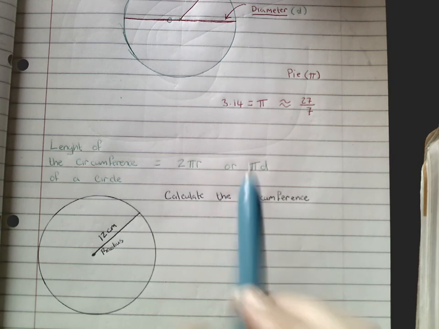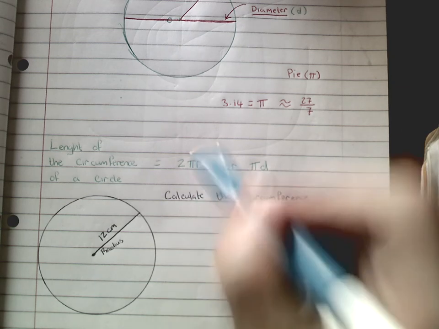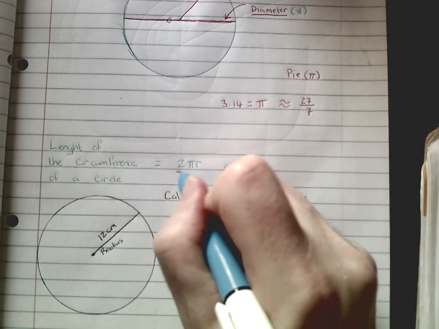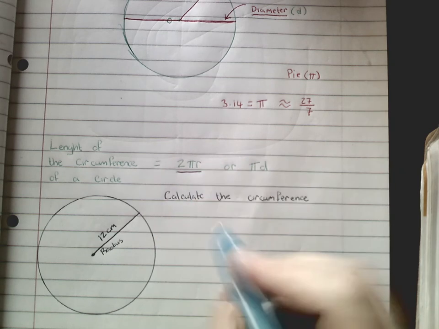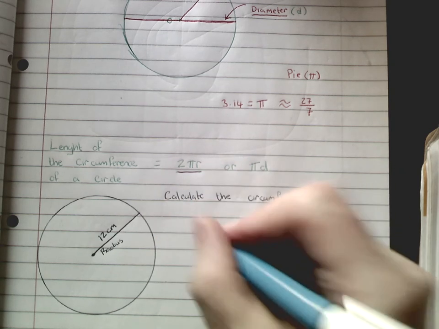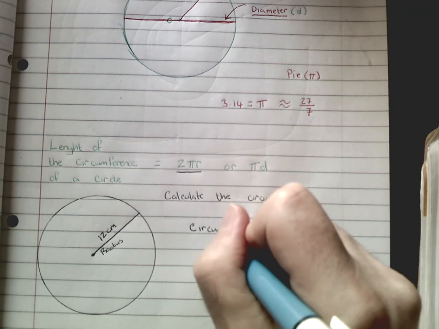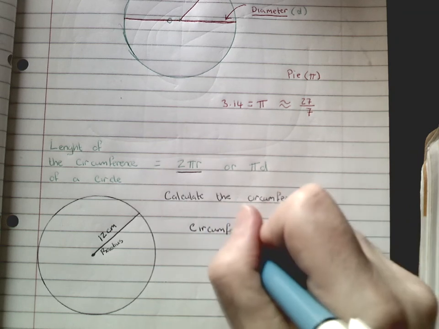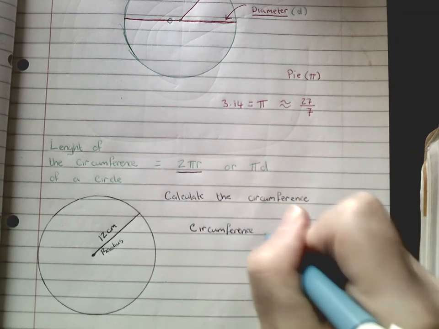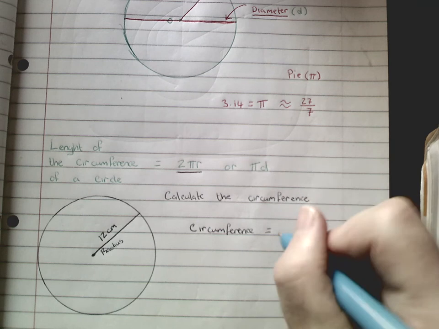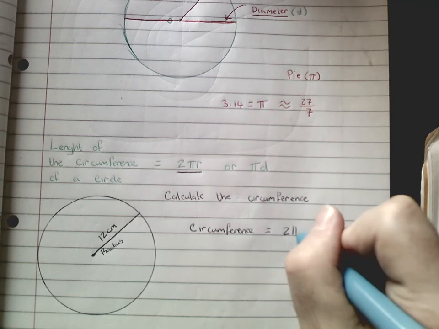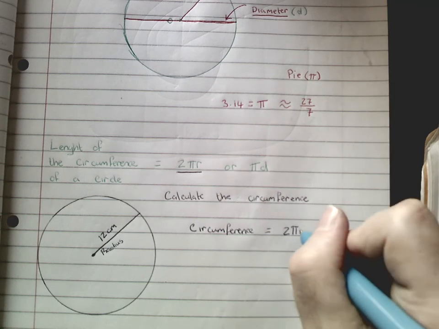So what we can do is because we have the radius, we can use this guy here. So the circumference is going to be equal to 2 times pi times the radius.